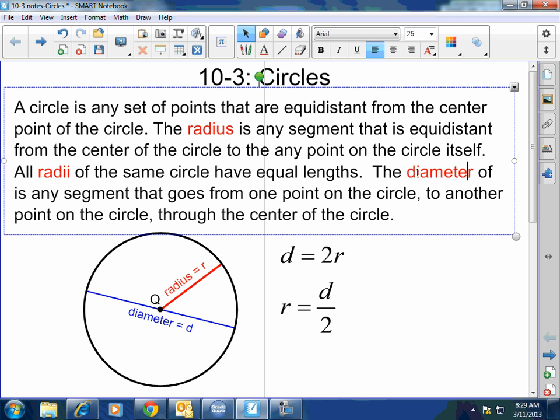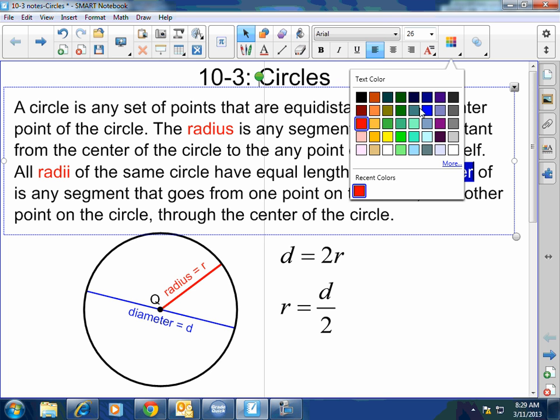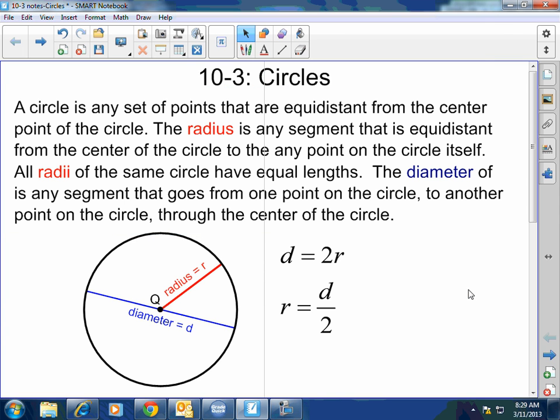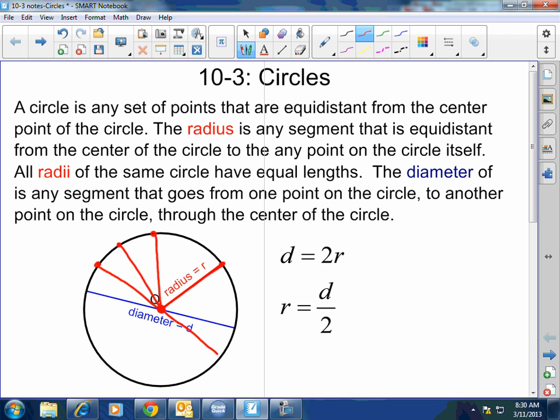And that is blue. Okay, so the radii, or the radius, is a segment that goes from the center to any point along the circle. All of these are radii. And guess what? Since they're all radii of the same circle, all radii are always congruent. They're all equal. Very good.